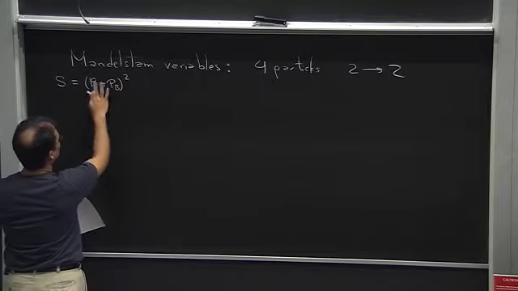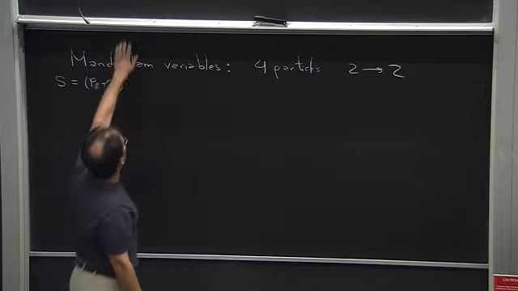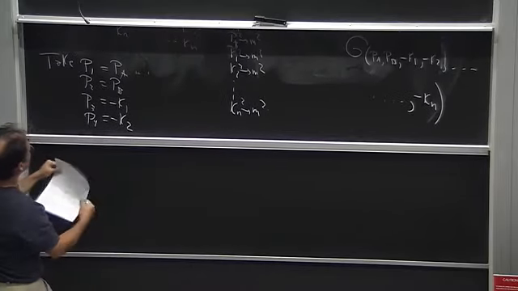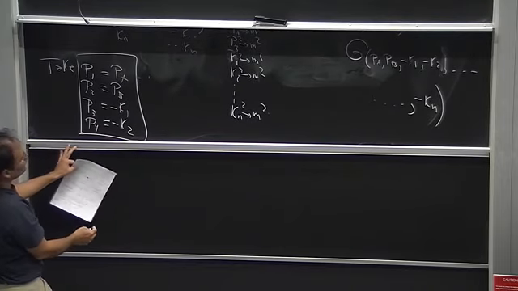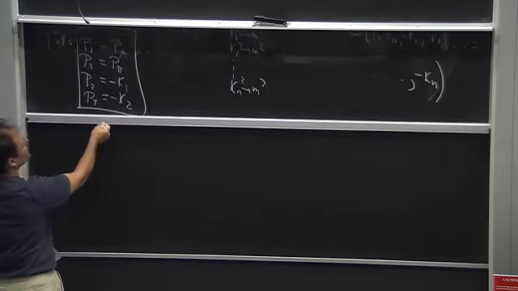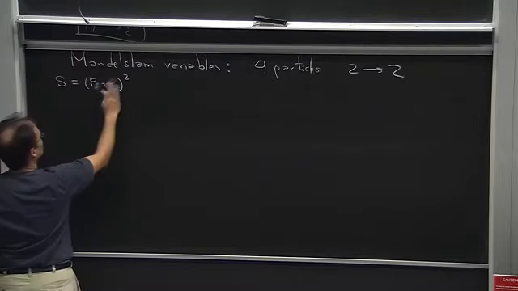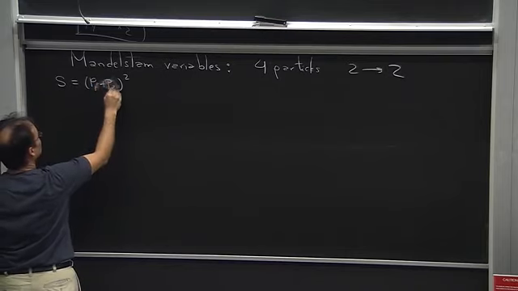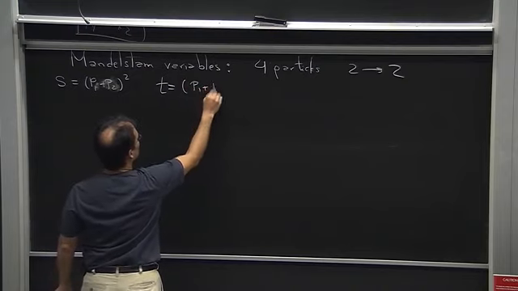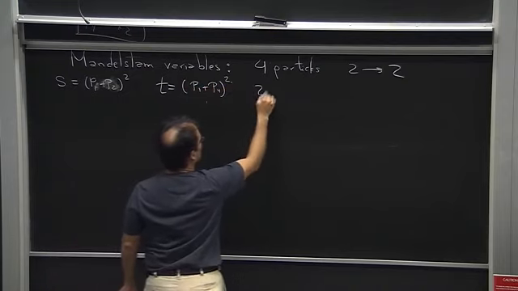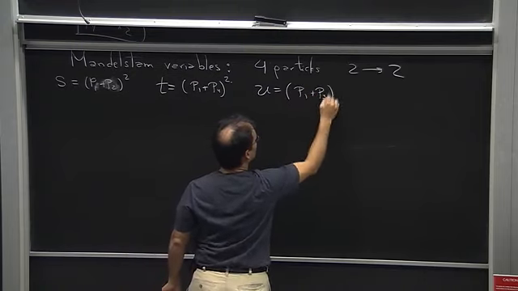Well, let me actually do it in terms of 1, 2, 3, and 4, and then you can translate into A, B, K1, and K2 using this, okay? It's going to be tricky for you to do it because this is going to be up while I do it here. But you have it in your notes. So I'm going to define S as P1 plus P2 squared, okay? T is going to be P1 plus P4 squared, and U is going to be P1 plus P3 squared, okay?